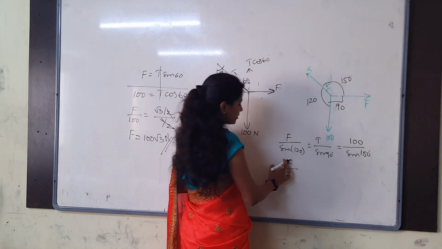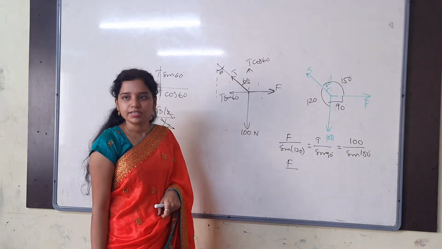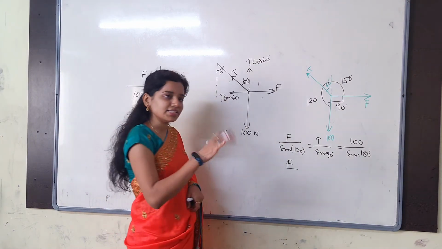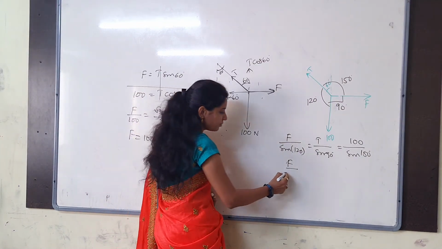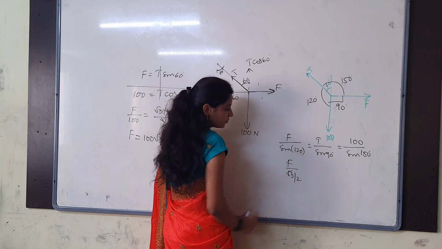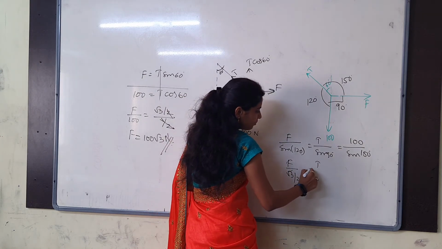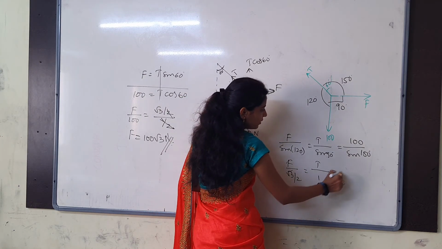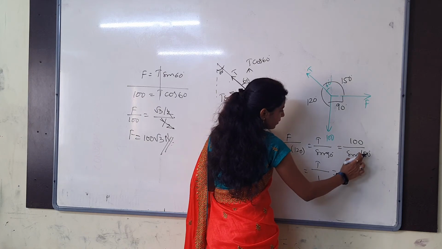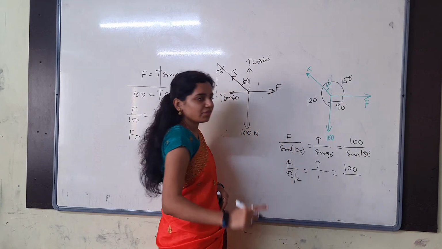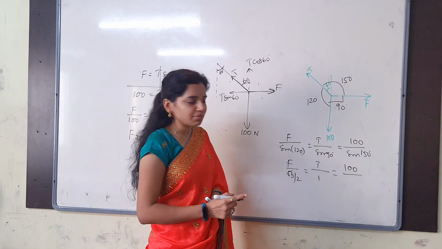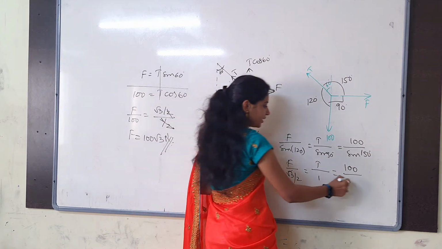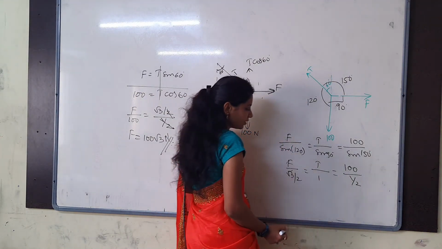Sin 120 is nothing but sin 180 minus 60, which is sin 60, which is root 3 by 2. Then T by sin 90 means T by 1. 100 by sin 150. Sin 150 is 180 minus 30, which is sin 30, which is 1 by 2.